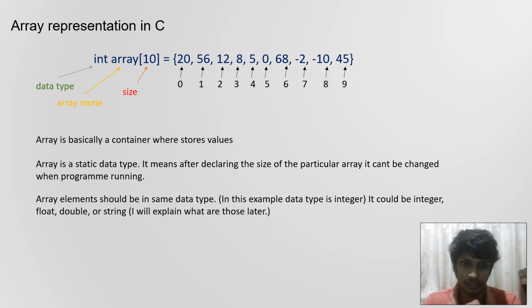So an array is a static data type. I said that in the previous video. It means after declaring the size of the array, it can't be changed while the program is running. An array is a defined data type, which means it does not randomly increase or decrease its size. Once you define the size of the array, you can't change it while the program is running.